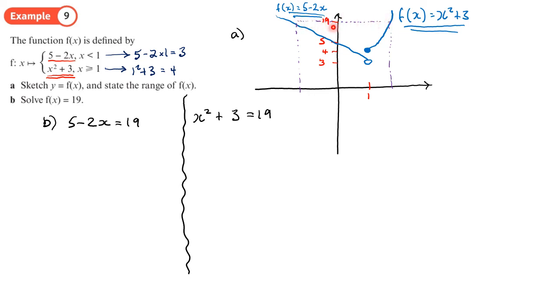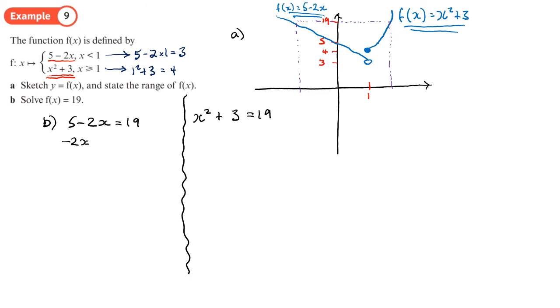That may not be the same for all values. For example, if I had to solve f of x equals 3.5, I would only put it into here, because 3.5 only goes to that graph. It doesn't touch this one. So it all depends on what f of x equals. In this case, it's both graphs.